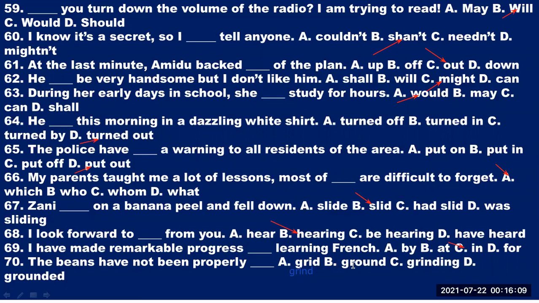Then option B is ground, and this is quite correct because ground is the past tense of grind and is also the past participle of grind.